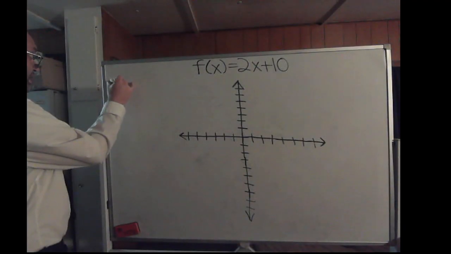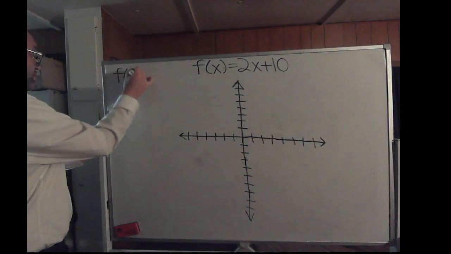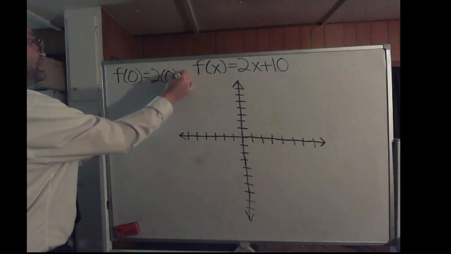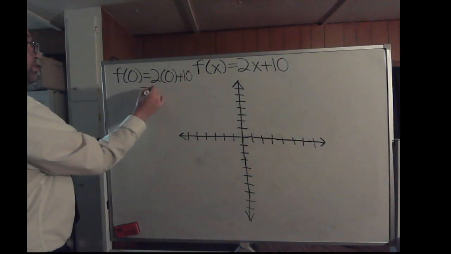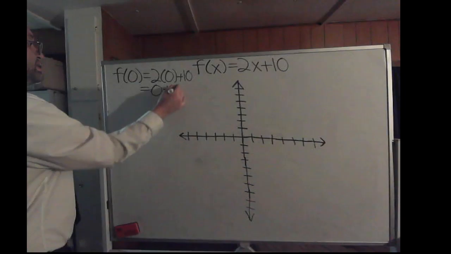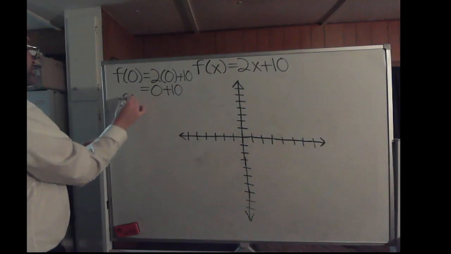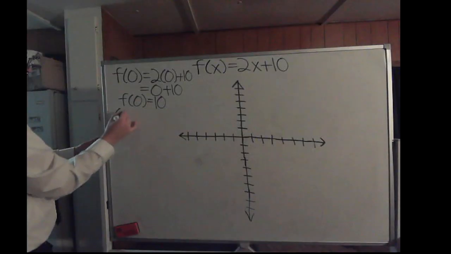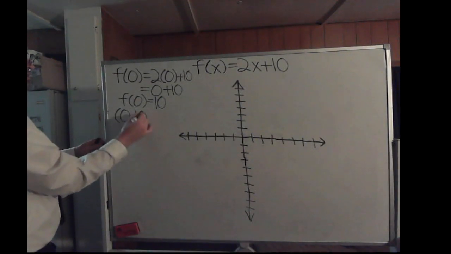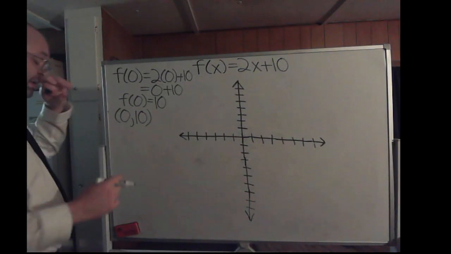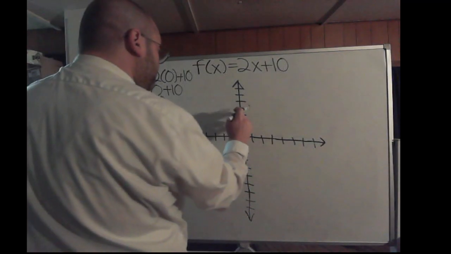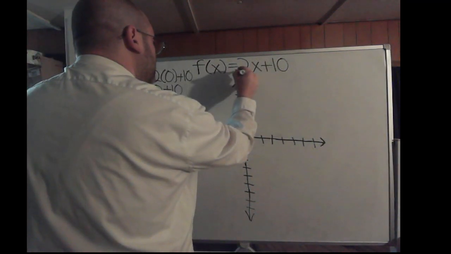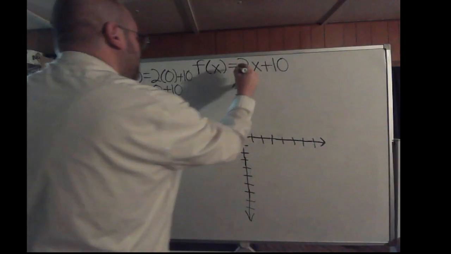You do that by doing f of 0, which would give you 2 times 0 plus 10. Well, 2 times 0 is 0, so you have 0 plus 10. So f of 0 equals 10. So when x is 0, y is 10. You have a coordinate of 0, 10. Which, 1, 2, 3, 4, 5, 6, 7, 8, 9, 10. That's going to go right up about here.